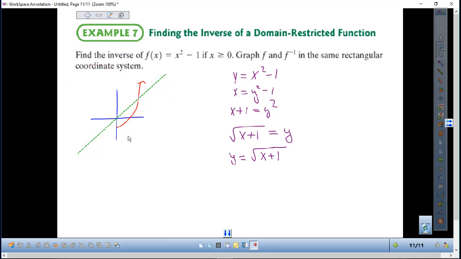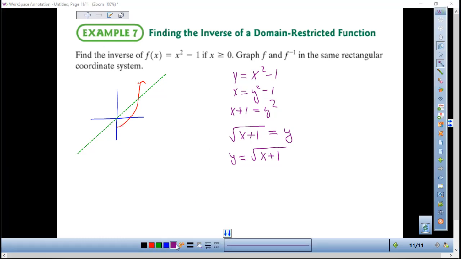So that's the line y equals x, and everything that we've got here for the inverse, x and y change position, which means it's going to reflect across this. So when I go to draw or think about this graph, the red, this point right here is going to go right over here. Because right here, this is (0, -1), this is (-1, 0).